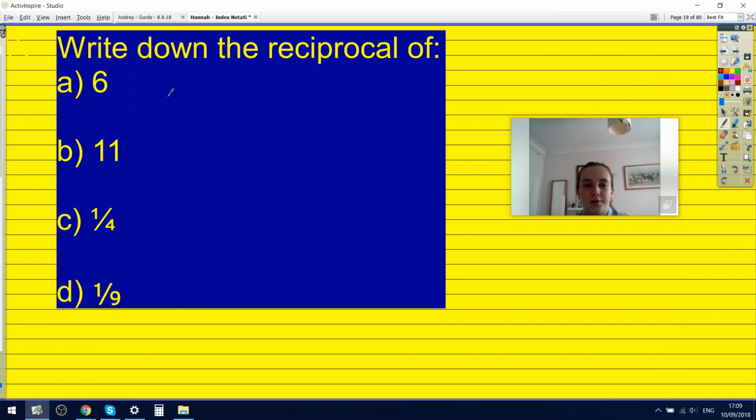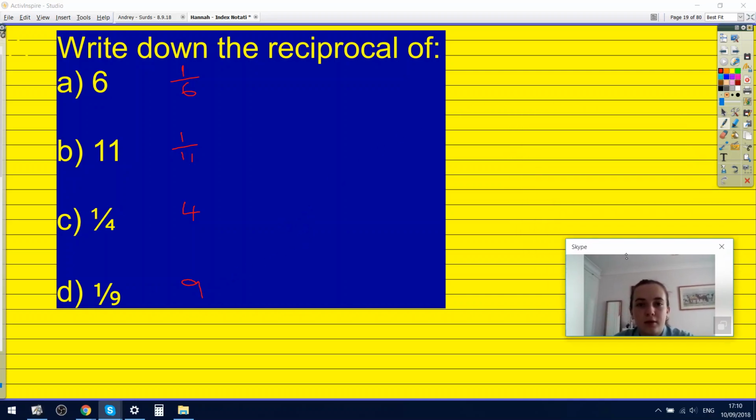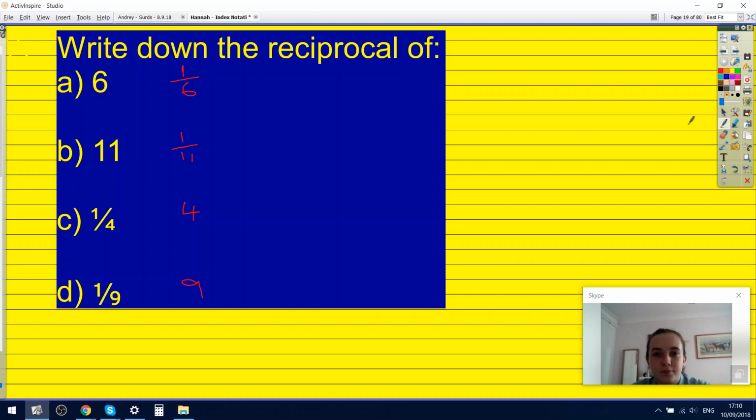So write down the reciprocal for each of these. 1 over 6. 1 over 11. 4. And 9. That's it. And maybe I should point out 6.